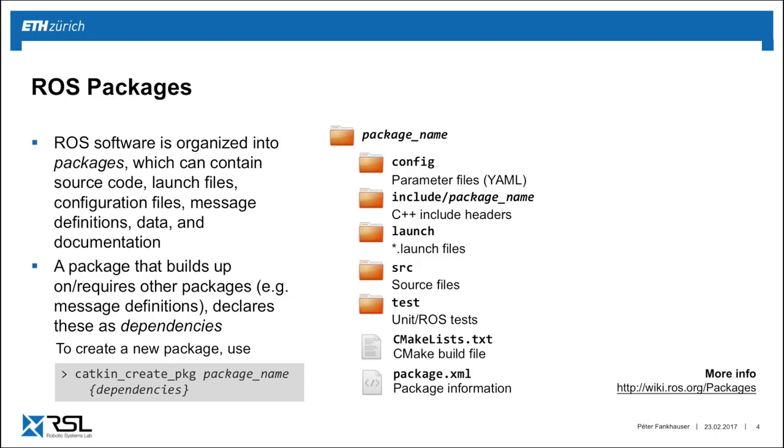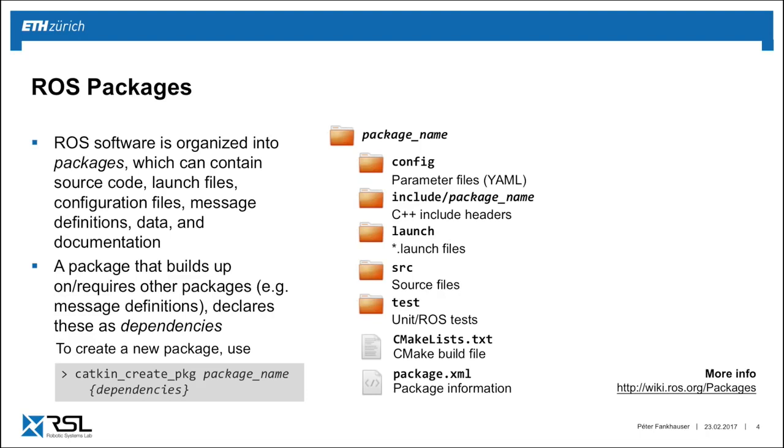When you create a new package with the command catkin_create_pkg, you would type in the package name of your desired one and then give it a list of the dependencies. On the right-hand side, you see a typical structure of a package, where on top you would have a config folder if you have one, where you put the parameters, and we're going to talk about parameters later.